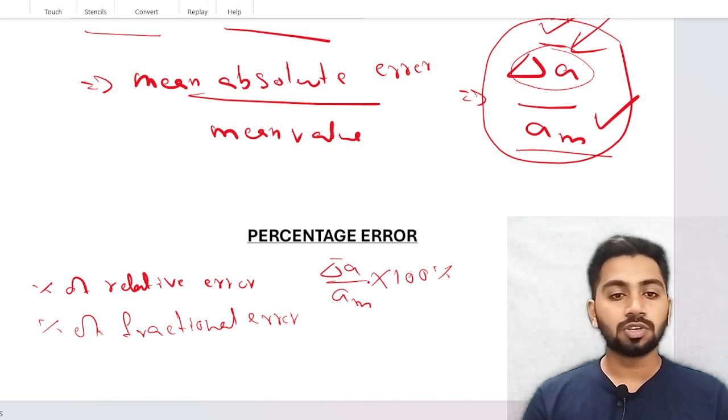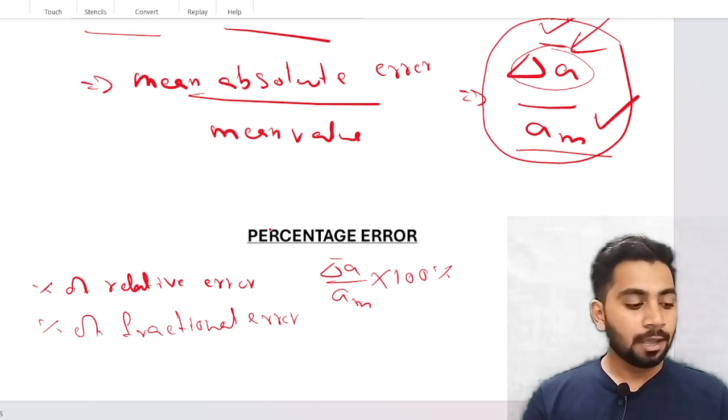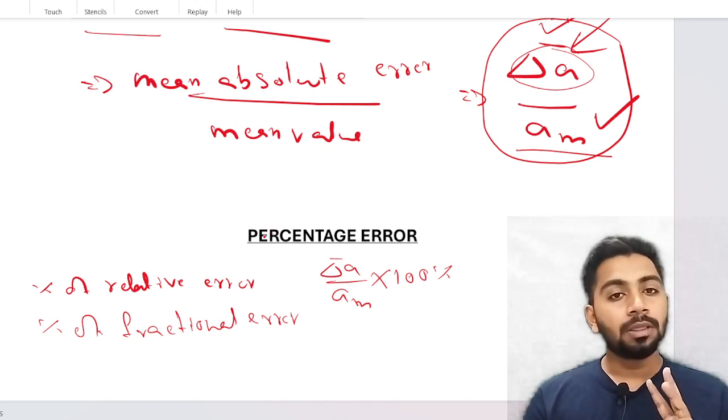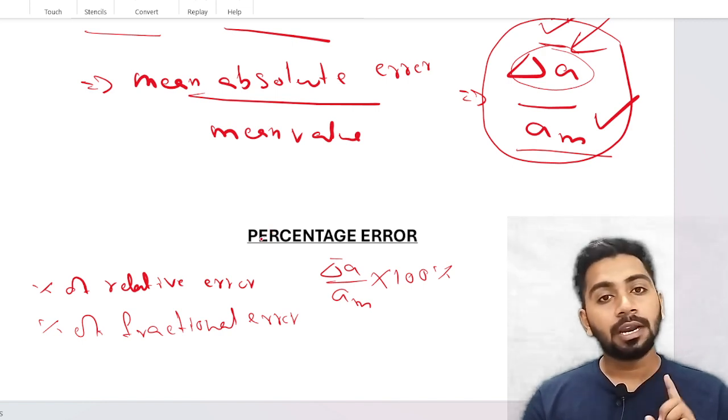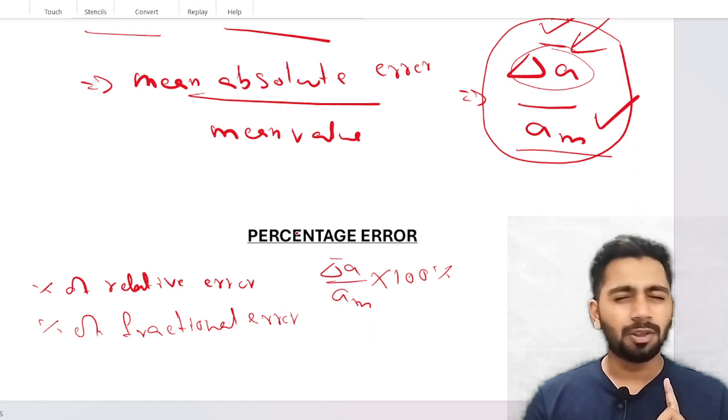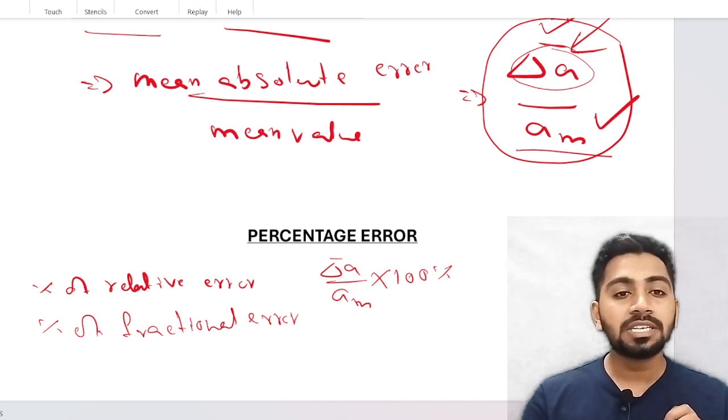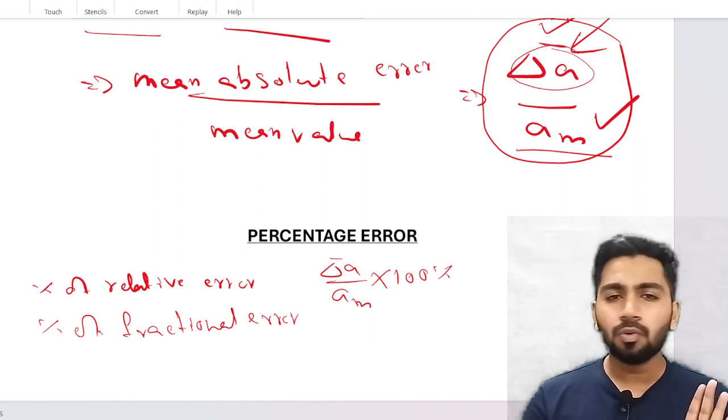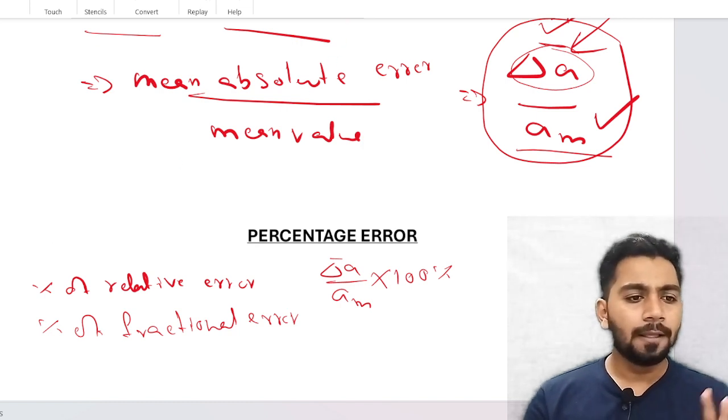That's it. So simple. Now we have four errors: absolute error, mean absolute error, relative error or fractional error, and percentage error. All four are very simple.